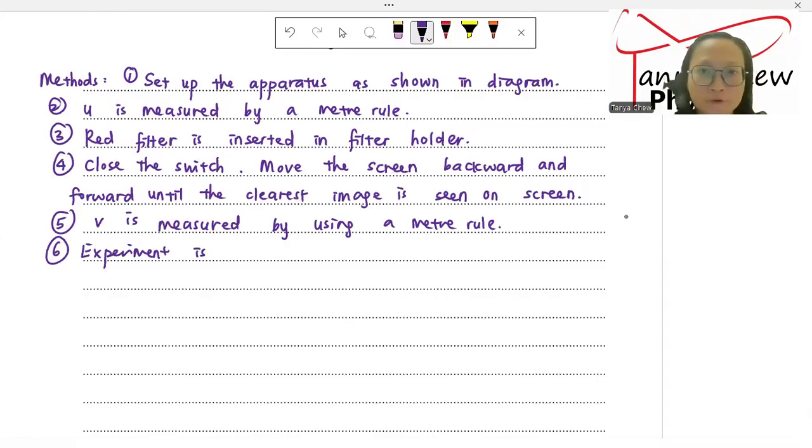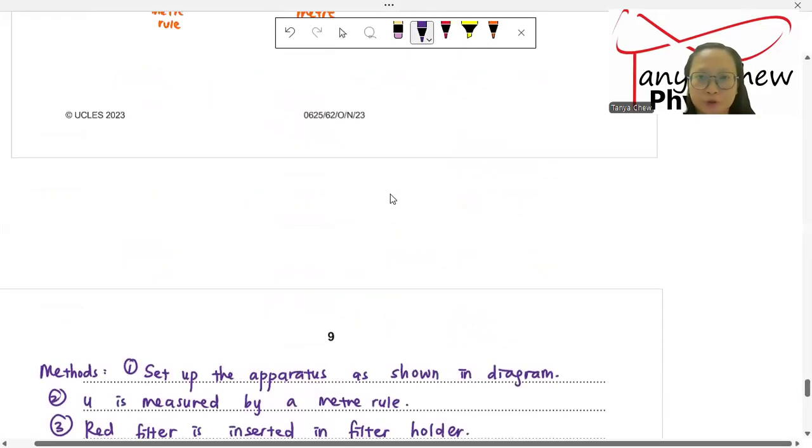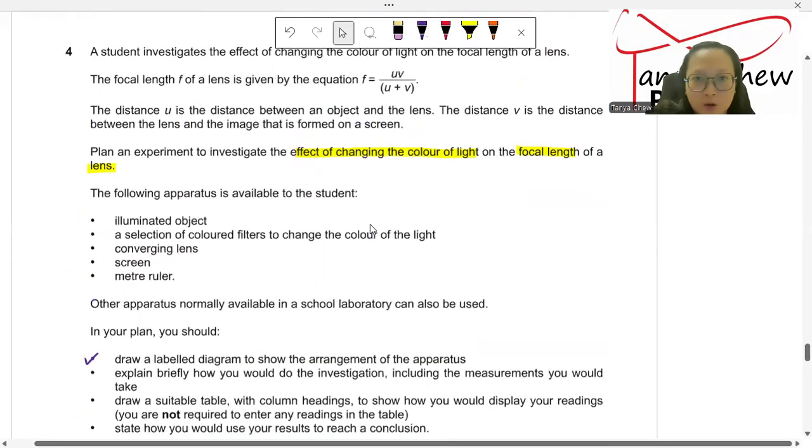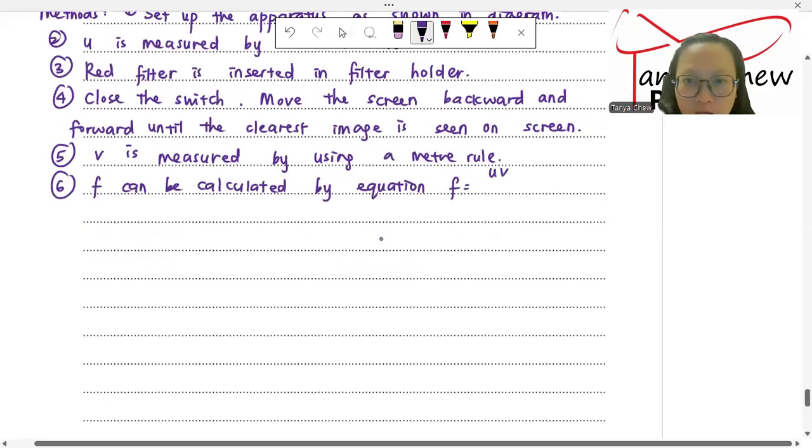Oh, I forgot to calculate my F. Before that, F can be calculated by the equation F equals UV over U plus V.